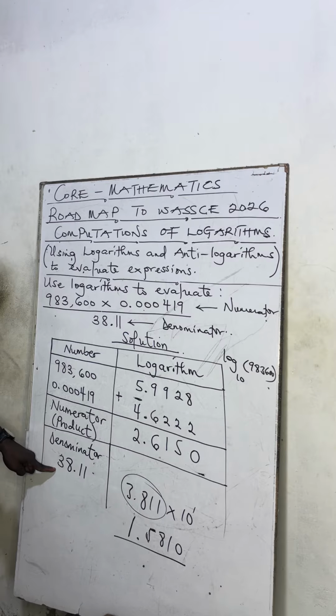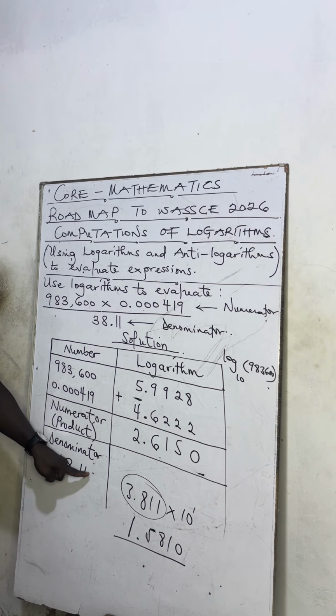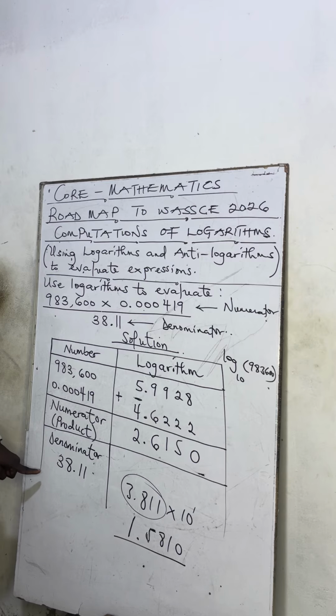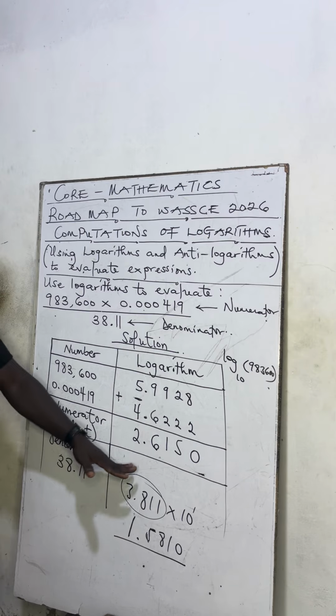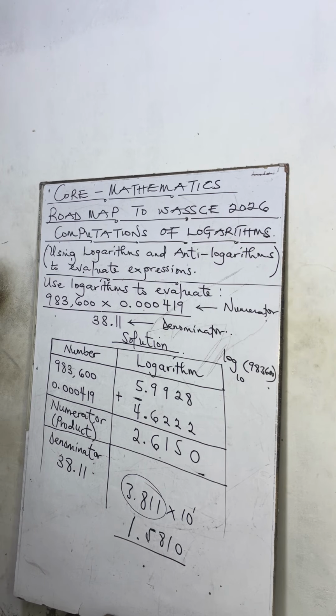But this decimal number, 38.11, is greater than 1. So we can punch the whole of log of that, or better still, we can change it to standard form. Then we will all get the same answer. All right, we go.